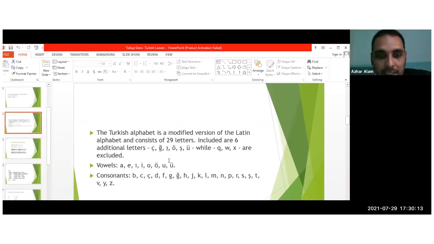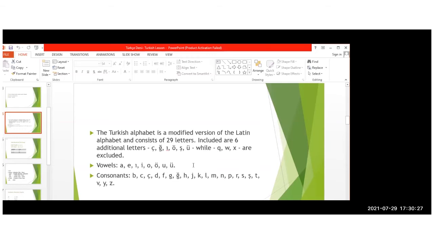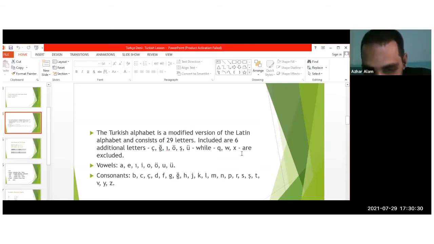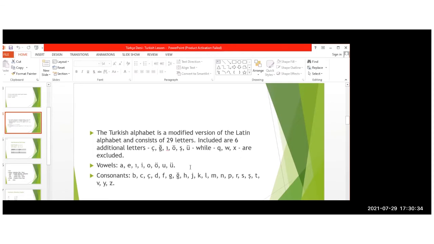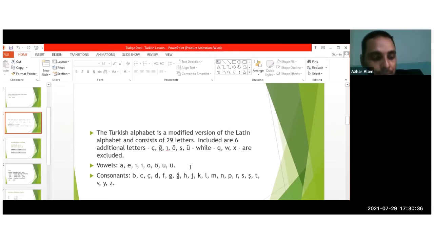So we are adding just two letters and these six letters. Q, W, X are not in the Turkish alphabet.